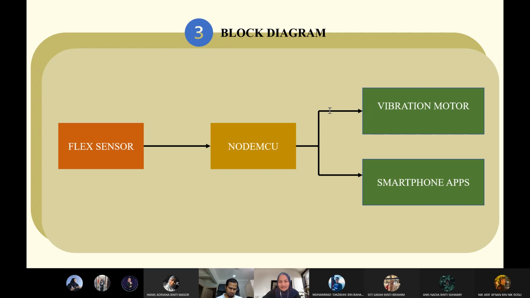And as the sensor detects, it will display the reading of the angle through the user's smartphone, and if any detection limit is exceeded, the vibration motor will trigger.